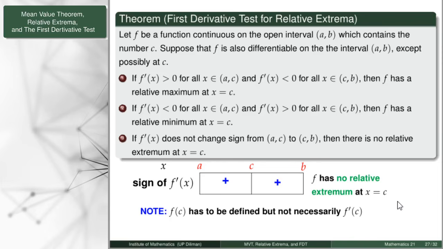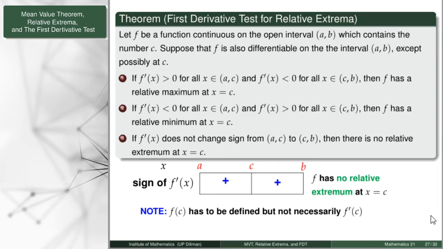Now, things to note here are the following. One, this is a very beautiful theorem, as it always gives us a conclusion. That is, it tells us whether you have a relative max, a relative min, or you don't have a relative max or min at all. Number two, you can only apply the first derivative test if you have this number c. And this c is essentially a critical point.